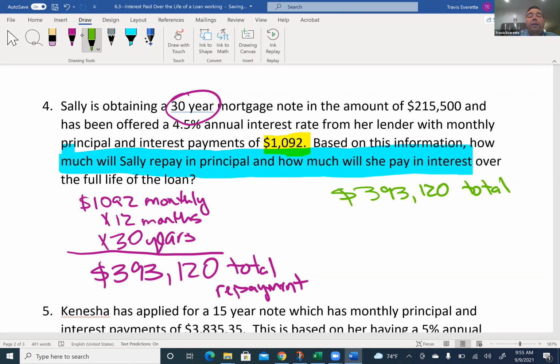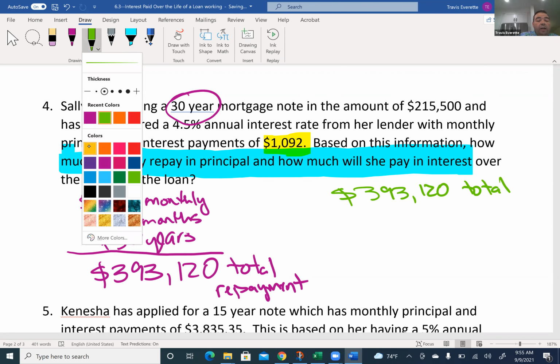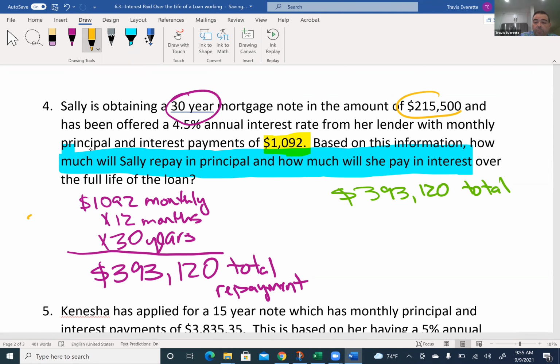Well, we already know one of these numbers. We already know, if we pay close attention, the principal number because they told us. So let's write that down. Of that, $215,500 is principal. So there's half our answer right there.